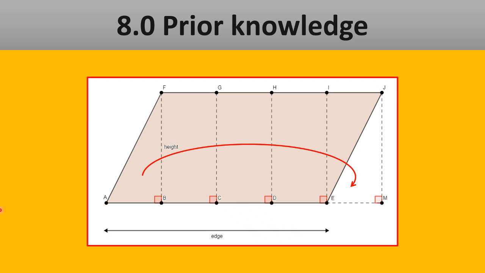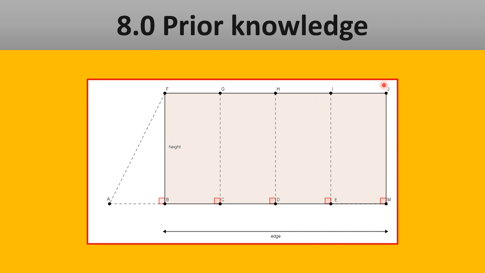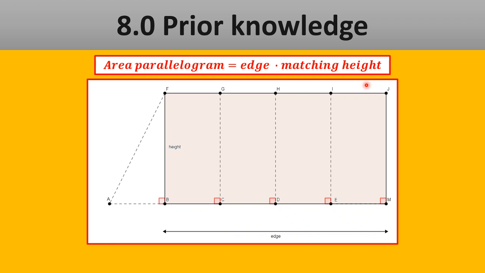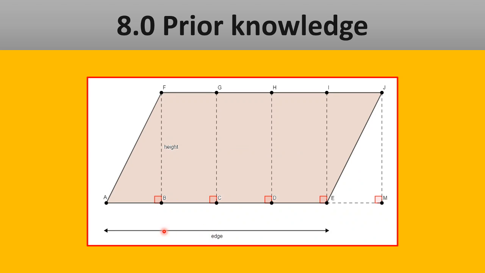Because we could move this triangle to this triangle, then we would find just a normal rectangle, and then we said, okay, the area of this thing is just the edge times its matching height, which is again perpendicular on the side. And that's the same here. So you could do AE times BF, or times CG, or times DH, or times EI. Even MJ you could use, because they all have the same length.